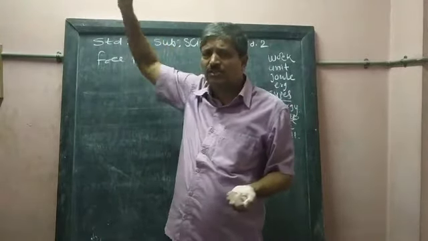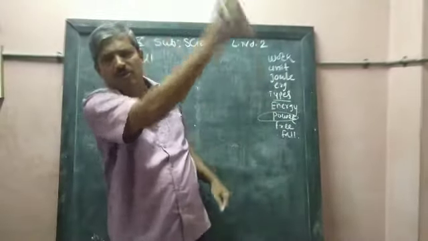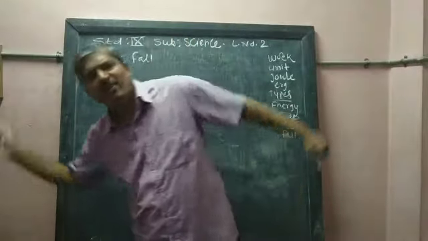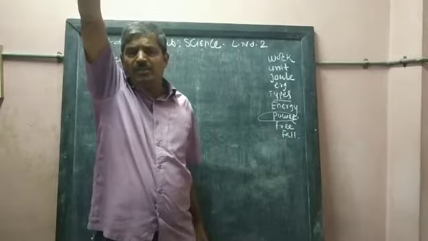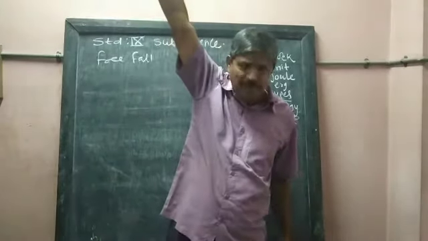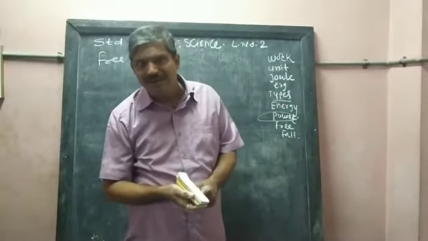Here is a duster. Even if you throw this duster, like when you are playing on the ground and throwing a ball upward, if I throw this duster in an upward direction, will it go to the sun? Will it go to the moon? Will it go to any planet? No, not at all. It will come down. Why does it come down?